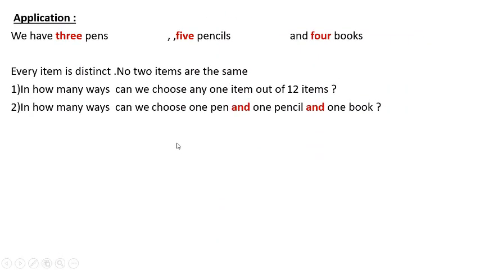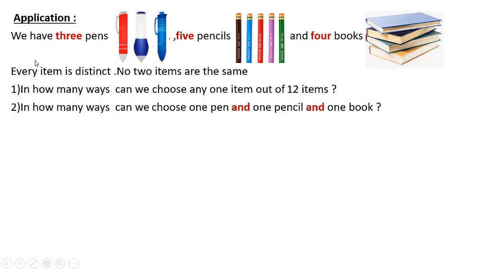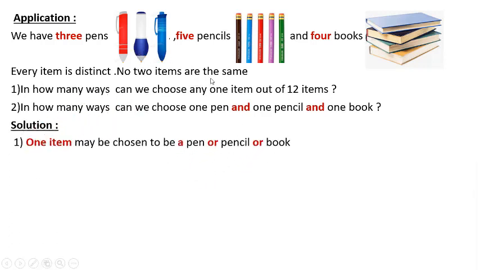Another application. We have 3 pens, 5 pencils, and 4 books. Given that every item is distinct, no 2 items are the same. Question number 1. In how many ways can we choose any one item out of the 12? A pen can be chosen in 3 ways, a pencil in 5 ways, and a book in 4 ways.